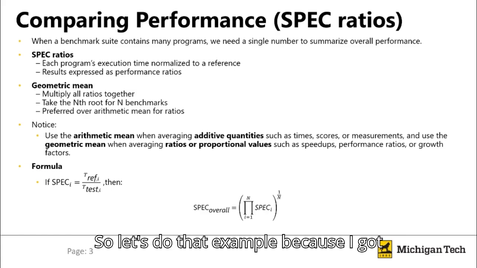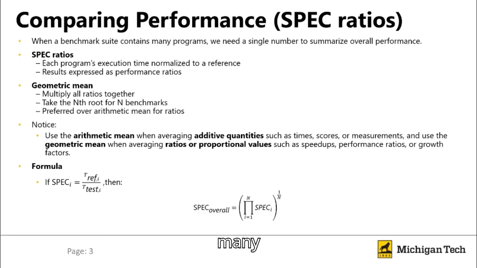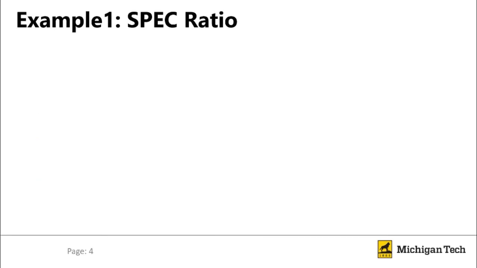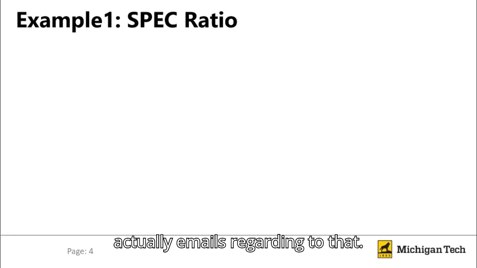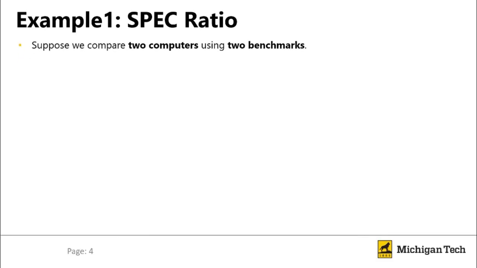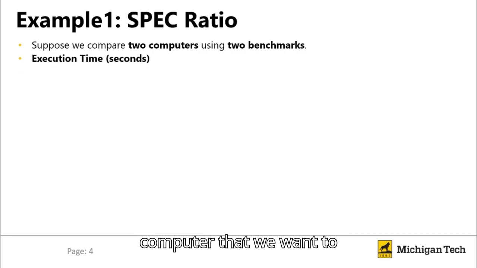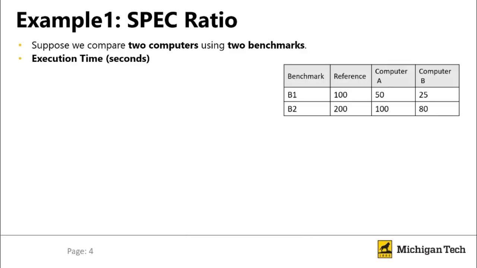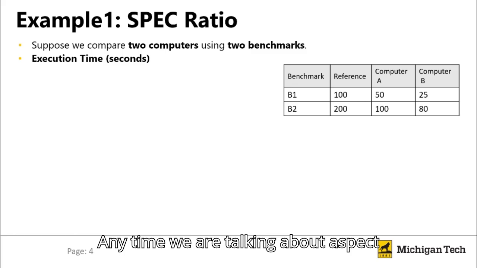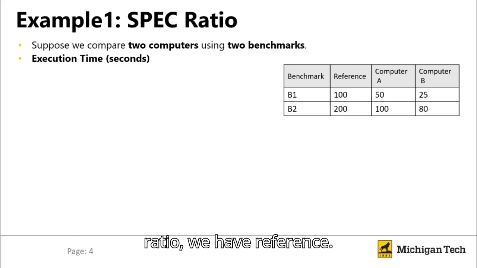So let's do that example, because I got many emails regarding that. We have in this example two computers and two benchmarks, computers A and B. Anytime we are talking about aspect ratio, we have a reference.